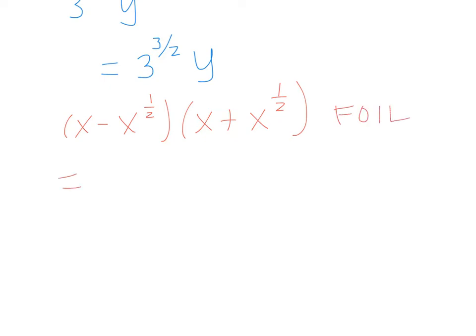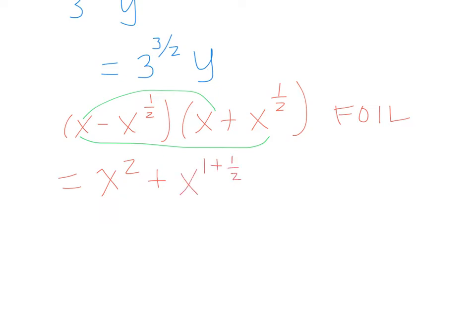So we start off with the first times the first, so x times x, we get x squared. And then we take outer times outer. So we've got x is the base, and we're going to add those exponents, so 1 plus 1/2.